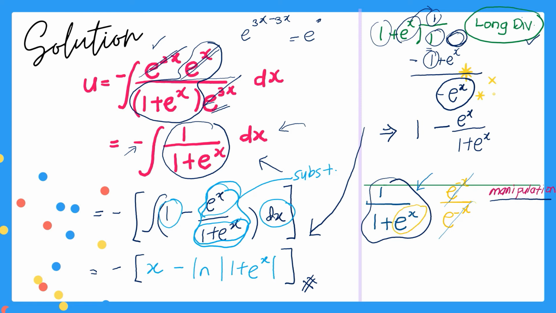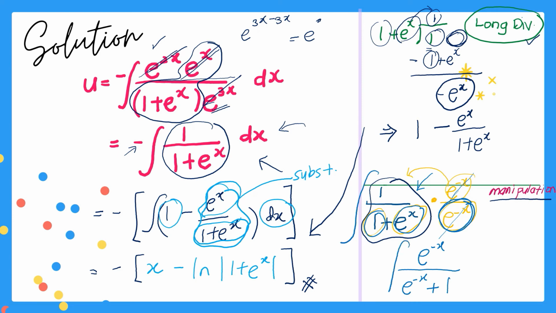So e^(-x) times e^x gives me 1, and when I multiply by 1, I get the same numerator. So when I multiply the numerator and denominator by e^(-x), at my numerator I have e^(-x), and at my denominator, e^(-x) plus e^x times e^(-x), I get 1. So what I can say is, the integration of this one is equivalent to integrating this one.